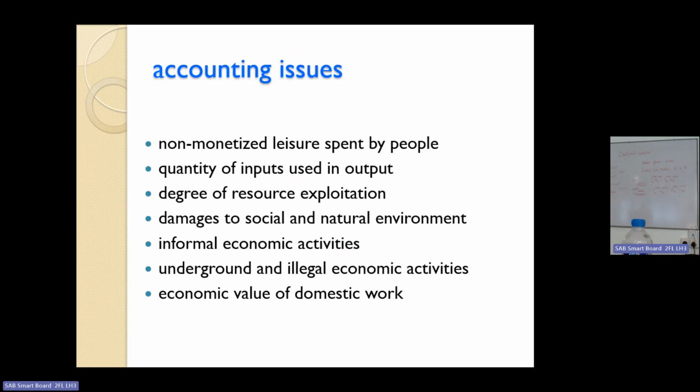We can increase the output, but that does not actually include what happened with the environment, what happened with the resources, regulations, and the damages to the social and natural environment.